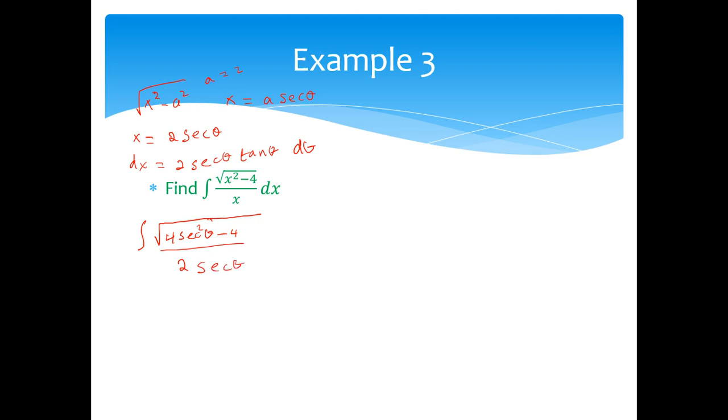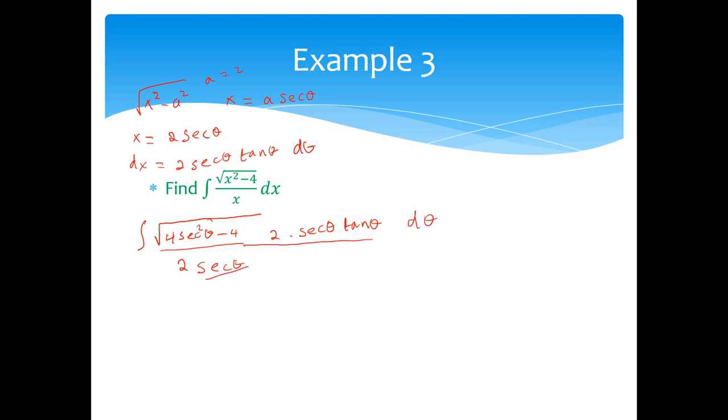Here I'm going to have 2 times secant theta tangent theta d theta.